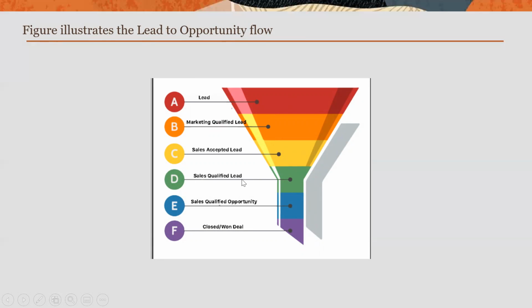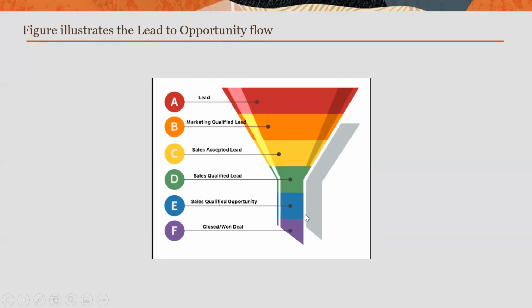Here, qualifying means converting that lead to an opportunity. That is called a sales qualified lead. So they will qualify only a few leads, and those leads will again be assigned to the opportunity team.